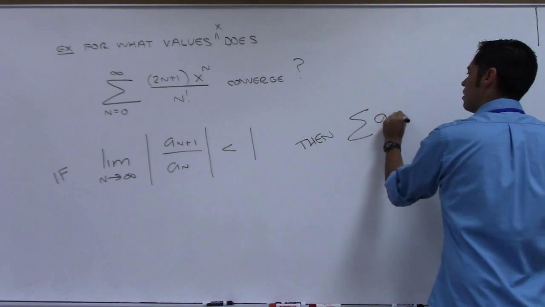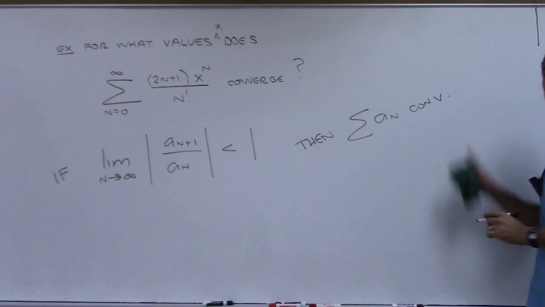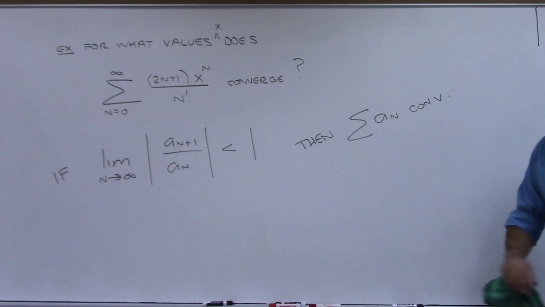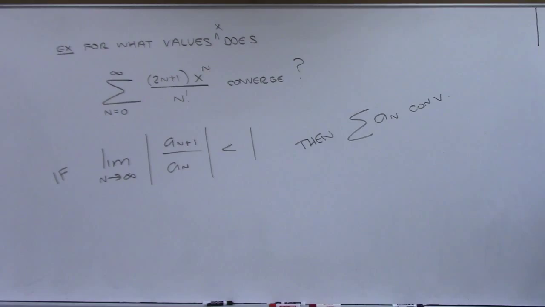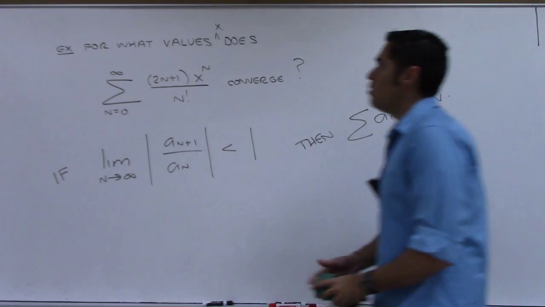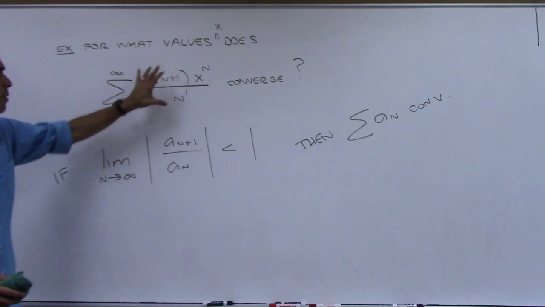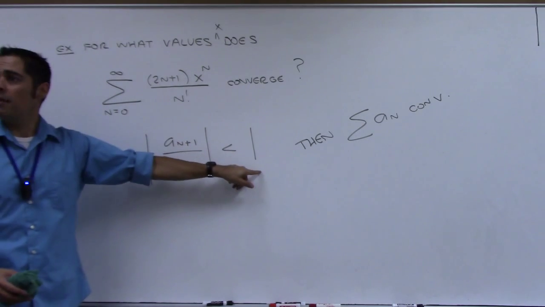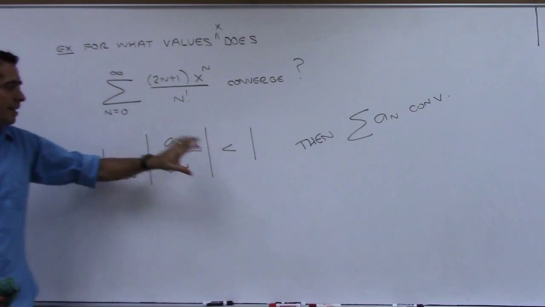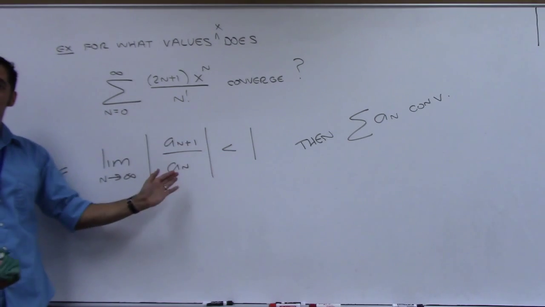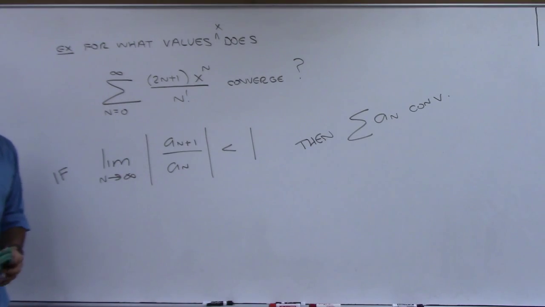The series converges, absolutely. It's all on your sheet of paper, but that was the conclusion. And the big key is that we want to know when this converges, don't we? So don't we want to know when this is less than 1? So let's set this up. Let's take the limit and figure out what would make it less than 1. If we can figure that out, then we will have determined for what values of x it converges.